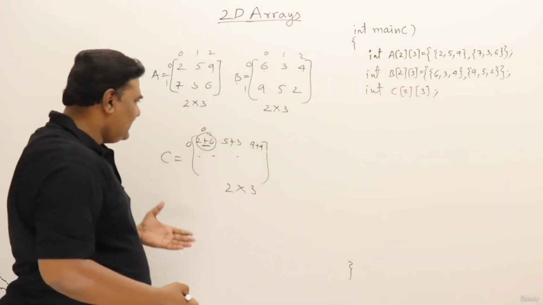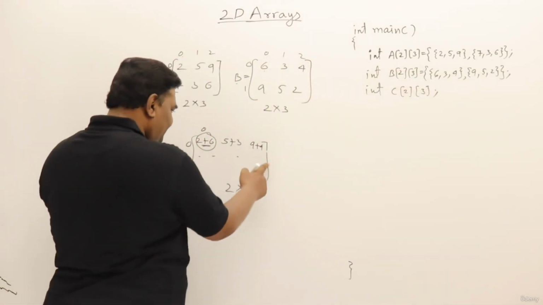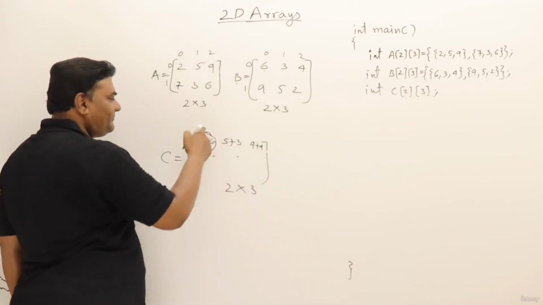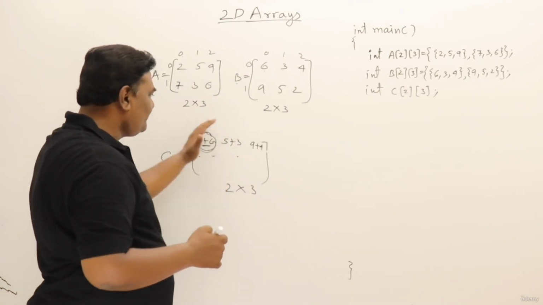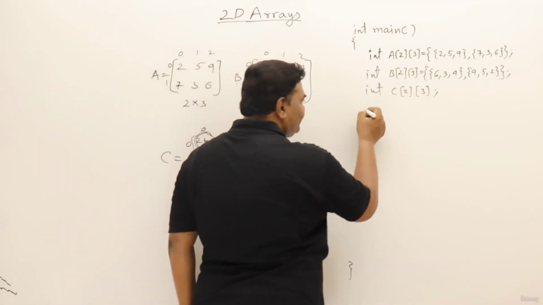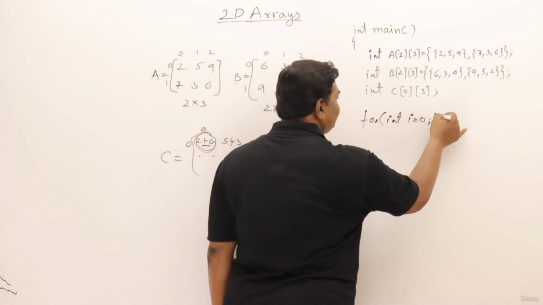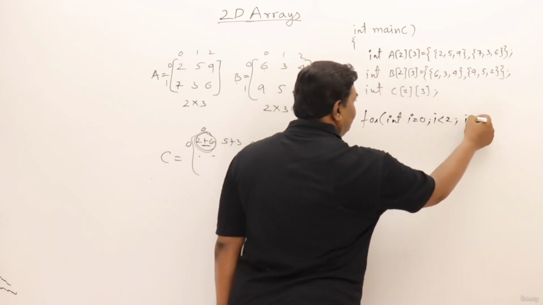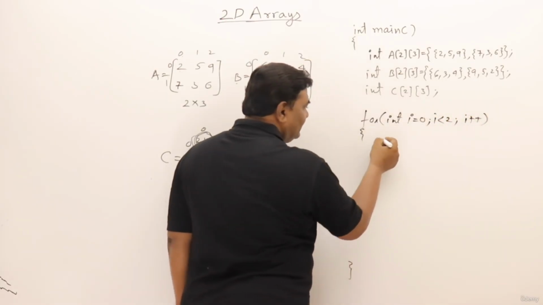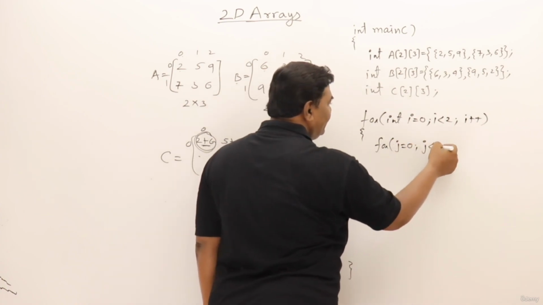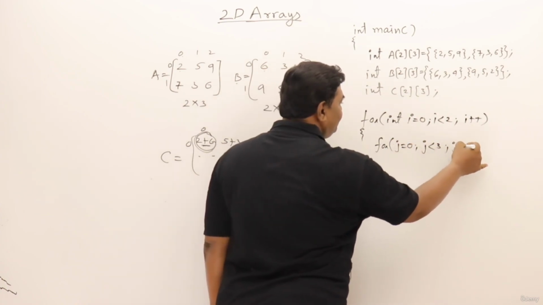Now what I have to do is go through all these empty locations in C, and for each location I should get the elements added from A and B. So I can browse through all these locations by using two for loops. For int i = 0; i < 2; i++. Then inside this, for int j = 0; j < 3; j++.